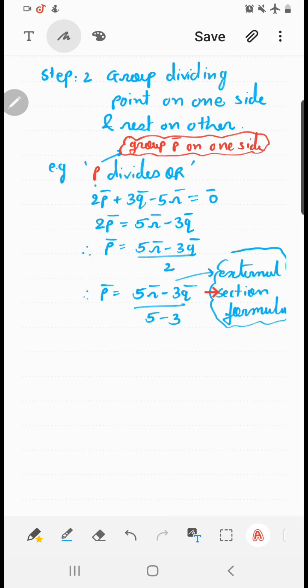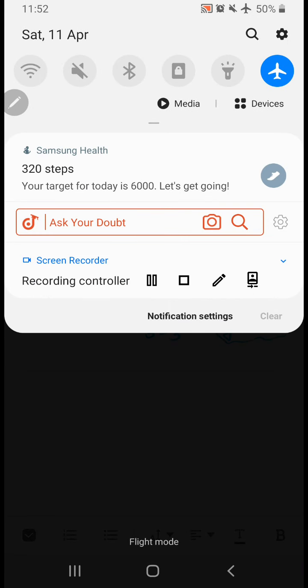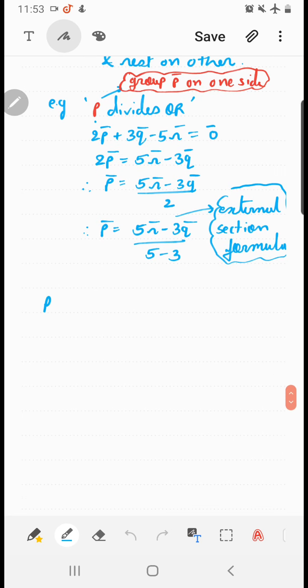Now let me begin with rule number 2. So now let's discuss the next rule, that is rule number 2. In this rule, we will talk about a segment dividing a segment. Rule number 1 was talking about a point divides a segment. In rule number 2, we say a segment divides a segment.